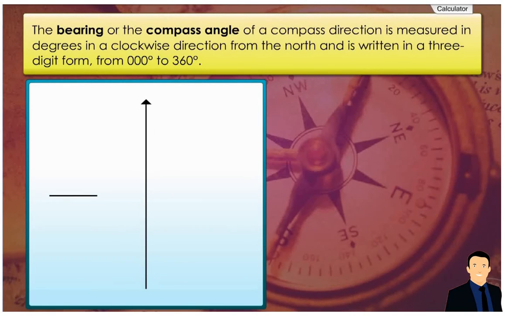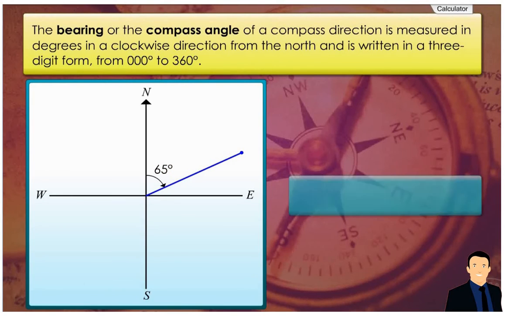Let's look at our first example. Find the bearing of this compass direction. The angle from the north to the compass direction is 65 degrees. Thus, the bearing of the compass direction is 065 degrees.